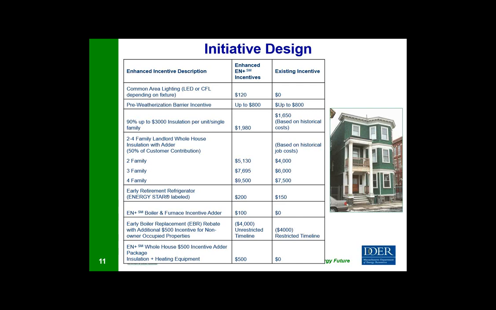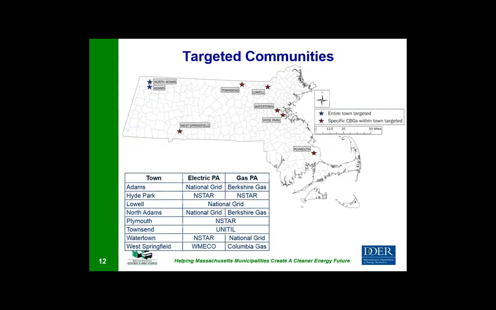Okay, so as I mentioned, this initiative targeted communities rather than customers. This slide provides a map that illustrates the communities that were included as part of the initiative.